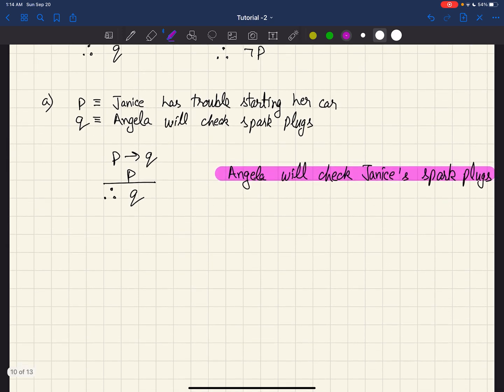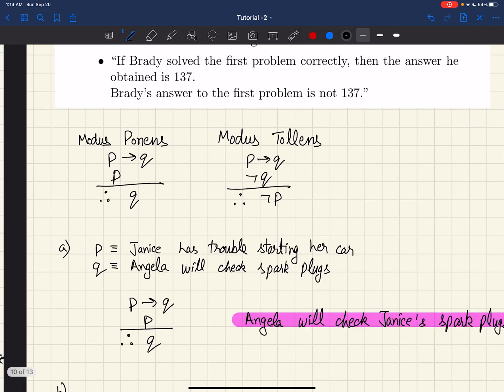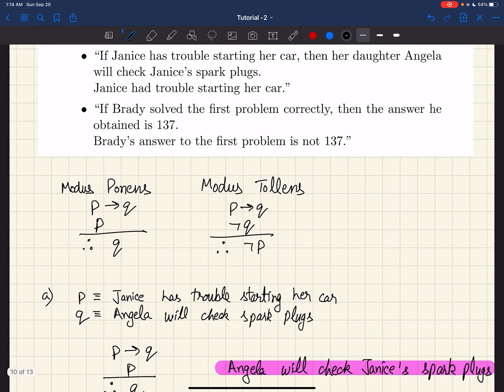For the second part, we have, if Brady solved the first problem correctly, then the answer he obtained is 137.